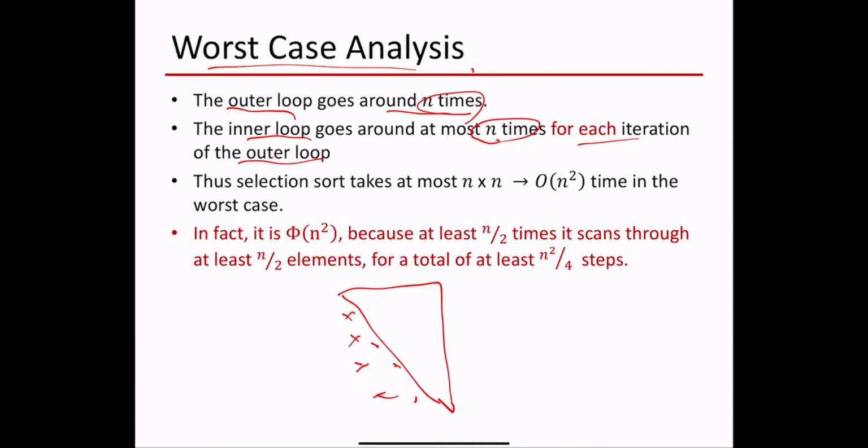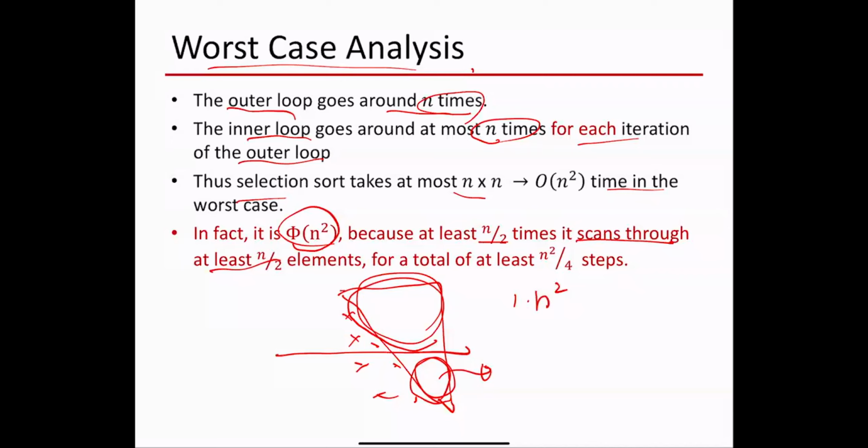The selection sort takes n squared in the worst case. In fact, it is theta. Why? Because half the time it scans through at least half the elements. And sometimes the rest of the half is run through smaller than this. Therefore, I can say in the worst case, it goes to n squared.